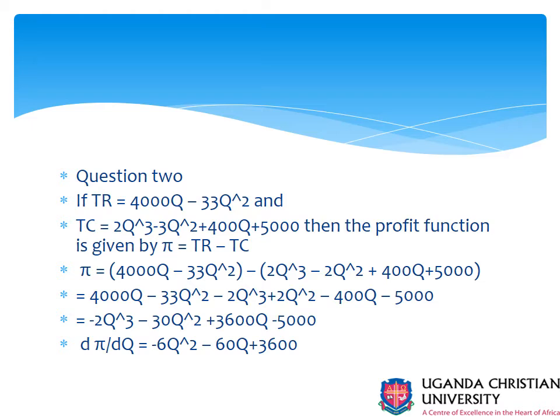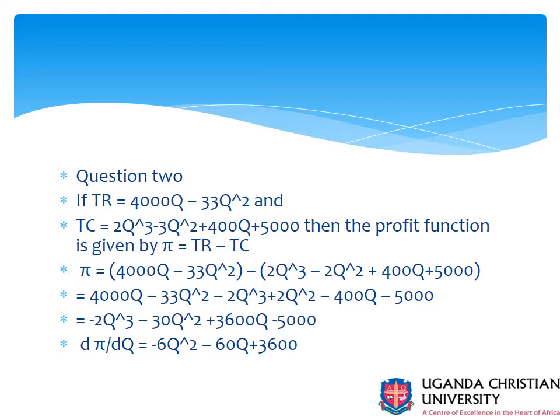First of all, we need to find how do we find the profits of a firm. The profits are given by total revenues minus the total costs. Or we can equate marginal revenue to marginal cost if you want to get a profit function. Either way that works. So here we decided to subtract total revenues minus the total cost, and that gave us what we have as a profit function.